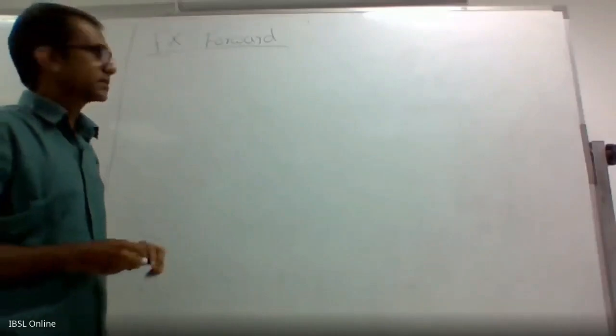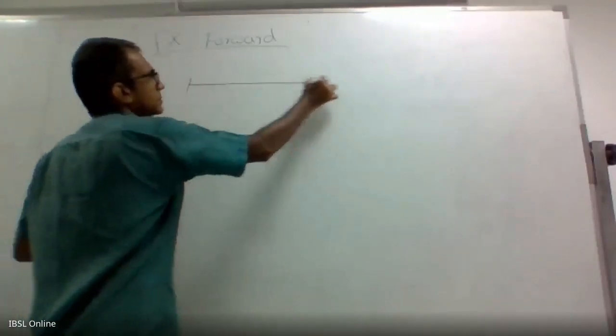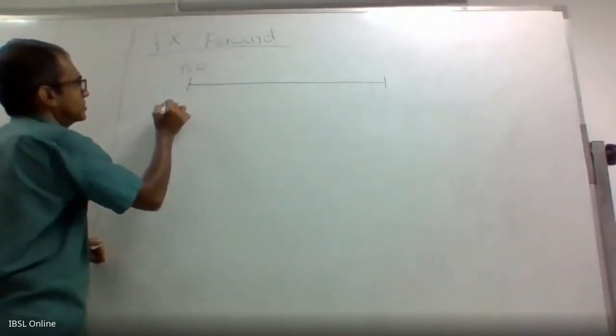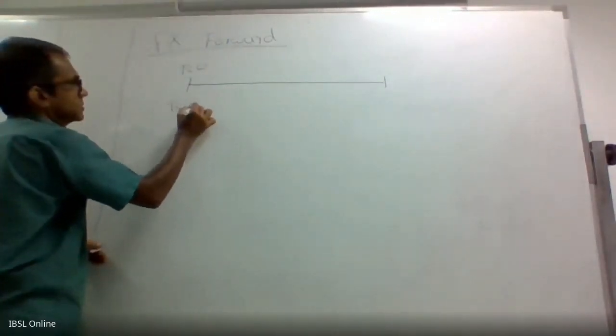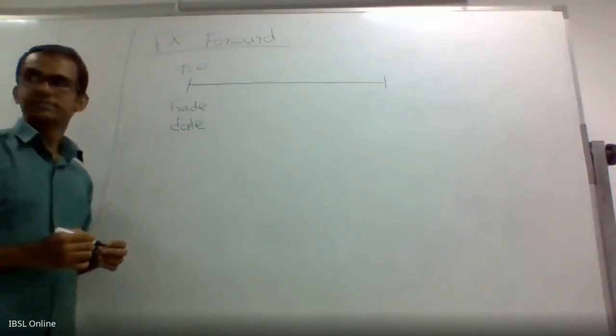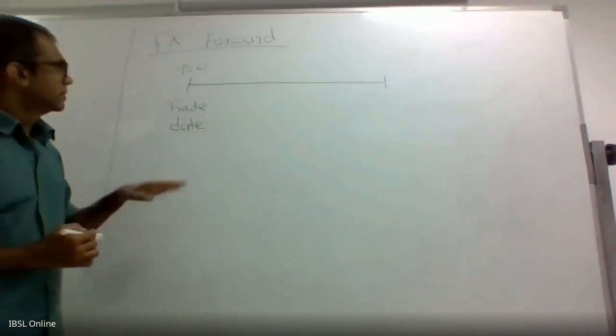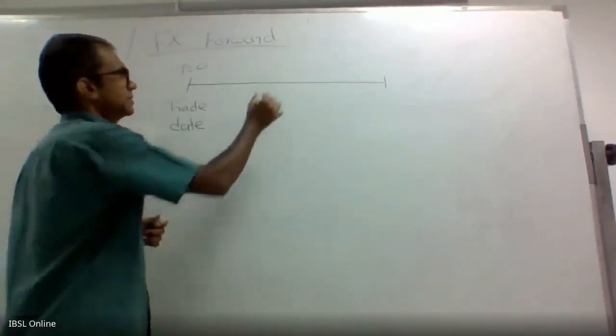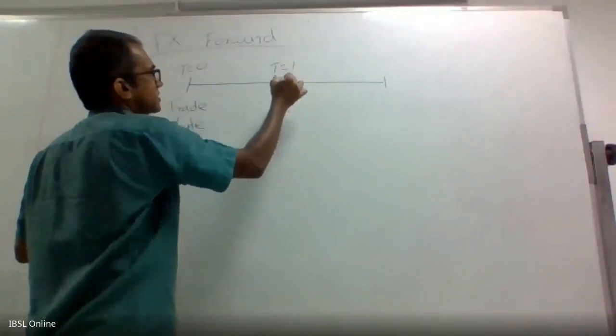What is a forward transaction? This is the timeline, t equals 0. Today is the trade date. Assume no holidays.